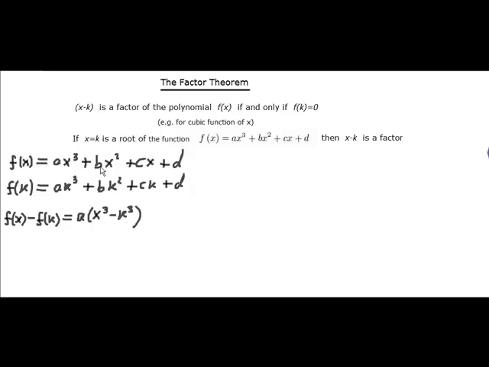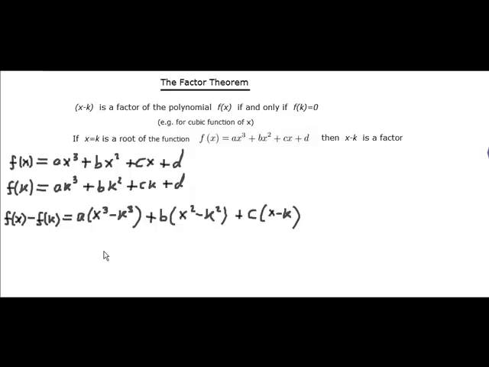And do the same with this column here. Subtract and take out the b's at the one time, so we get b into x squared minus k squared. And again, take out the c and subtract in one step, c into x minus k. And d minus d cancel, so the d's are gone.